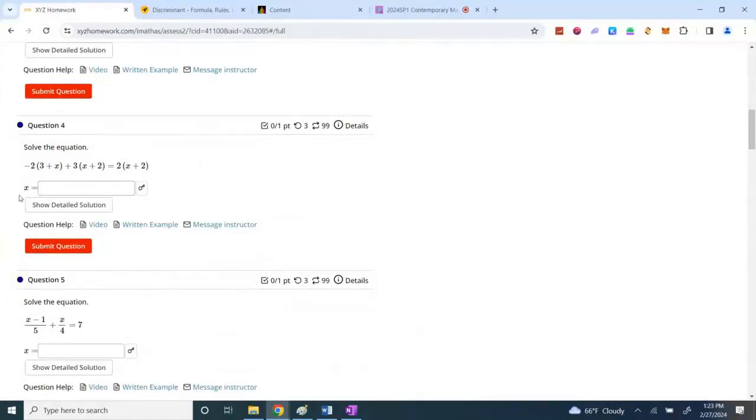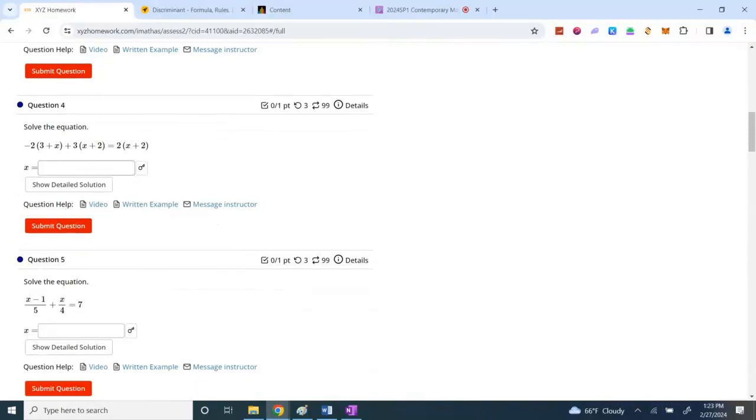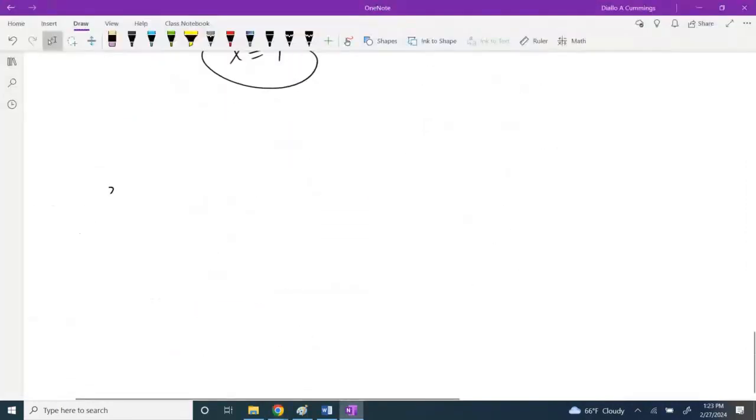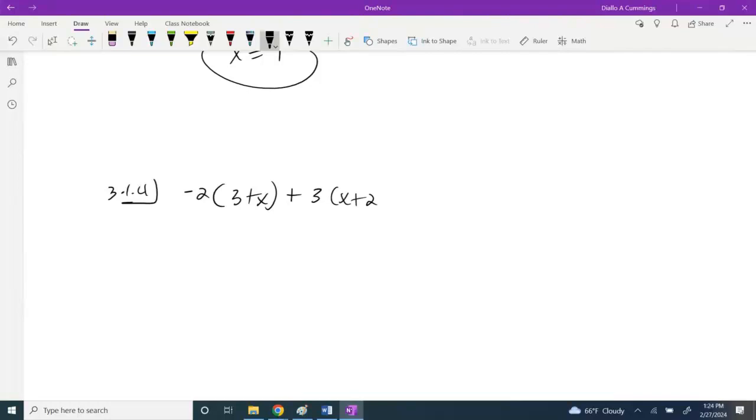So number 4 is, and I have it written down right here, negative 2 times the quantity 3 plus x plus 3 times the quantity x plus 2 is equal to 2 times the quantity x plus 2. All right, so we have a good set of parentheses.